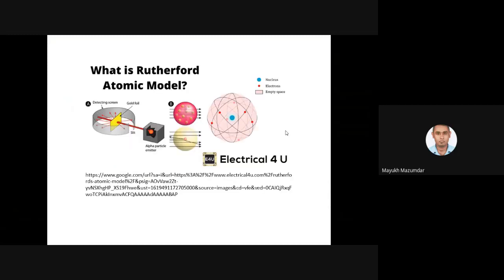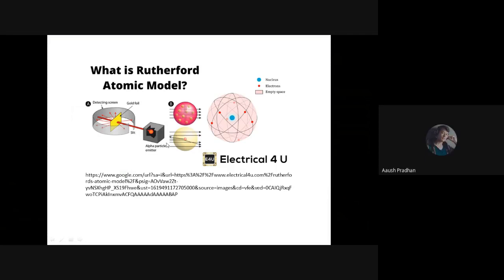Then came the famous Rutherford atomic model, where he did the gold foil experiment. Do you remember this experiment, Ayush? Yes, sir. Can you briefly tell me what it says? What was the experiment about? Anything that you remember?